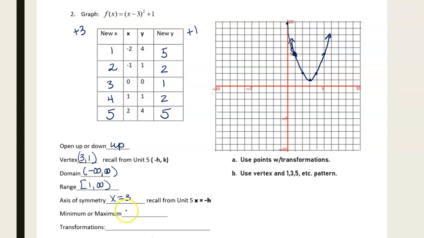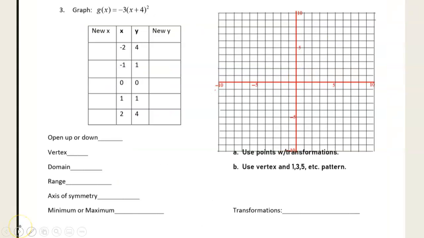And then you have a low point, so it's a minimum. As far as transformations go, we have a shift up 1 and right 3. Okay, let's do some more. Number 3.